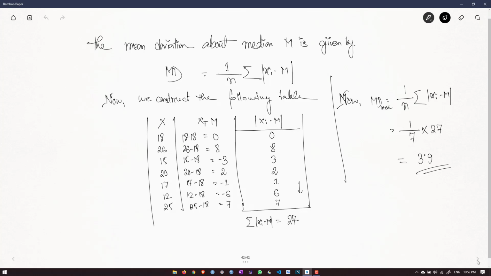Okay, let's take another example where we deal with continuous frequency. Let's take the example that we have certain class intervals such as 10 to 20, 20 to 30, 30 to 40, 40 to 50, and 50 to 60.